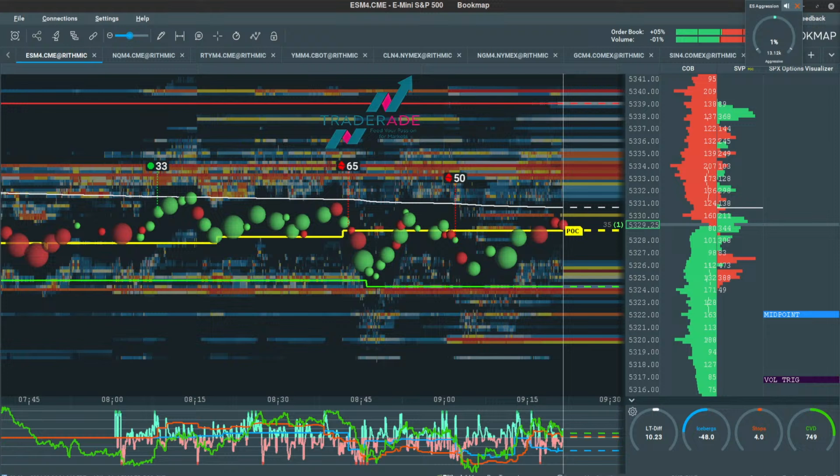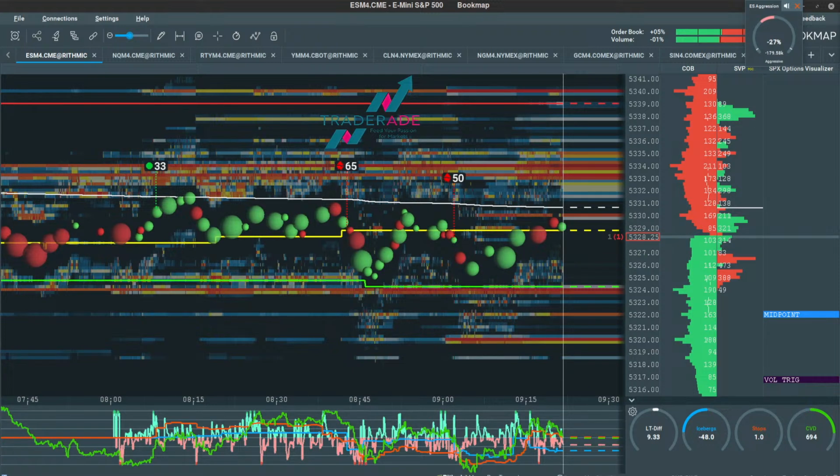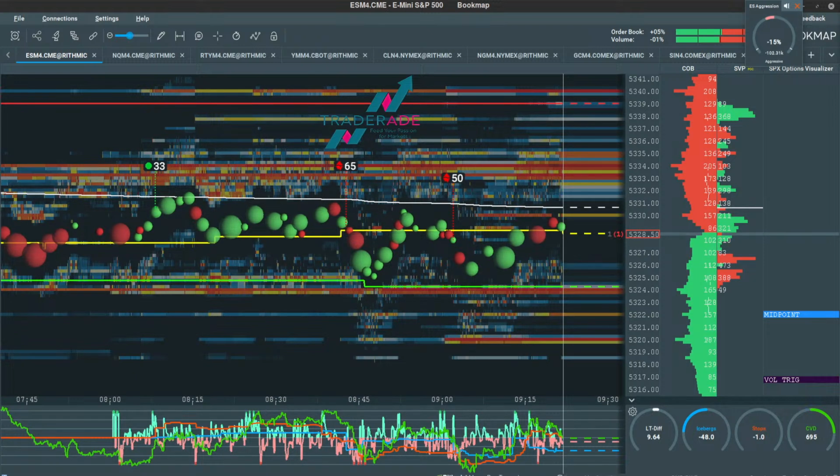This is another way of illustrating that same idea. The further away you get from where people are positioned, if they're on sides, they're probably going to add to those positions. You could see momentum continue. If they're off sides, they're going to exit those positions. So above the point of control, shorts are covering, buyers are buying more, etc. That helps to qualify what you see on the main heat map here.